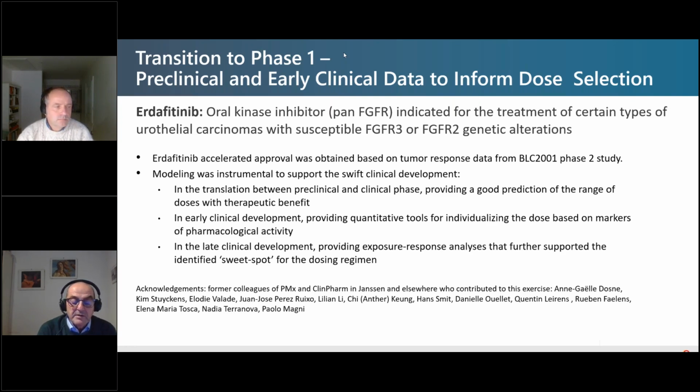Overall, the support from the modeling derived from 3 different ways. Essentially, the first one is anticipating the range of clinically active dose based on the non-clinical data in xenografted mice and rats. Secondly, using the data coming from the phase 1 and early phase 2 trials, providing a PK/PD model for phosphate elevation, which is an informative endpoint following the earlier definition from Julie's slides.